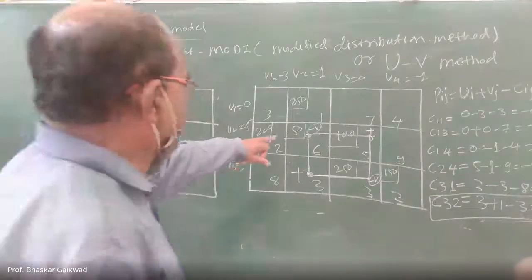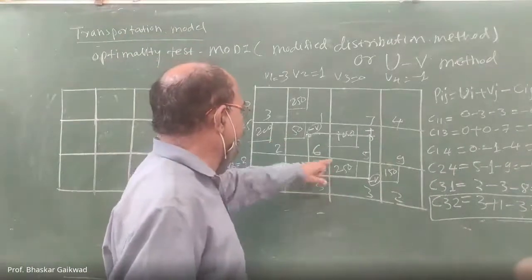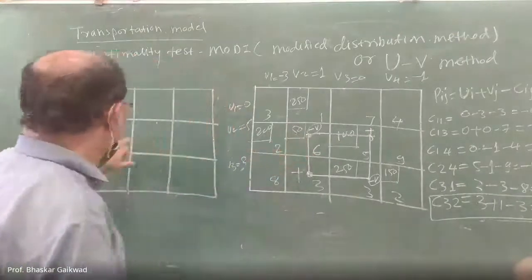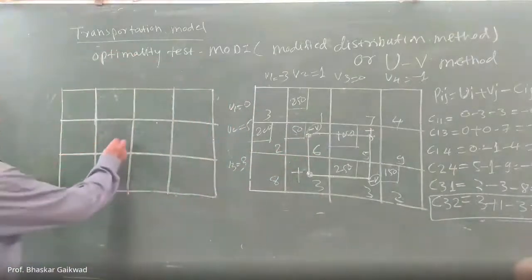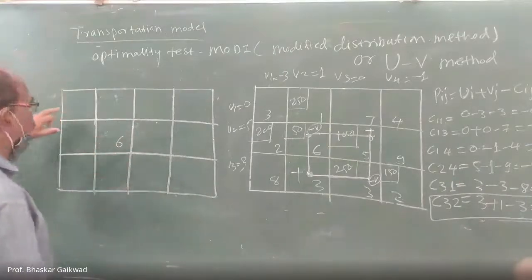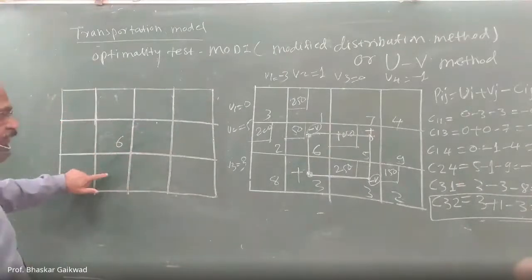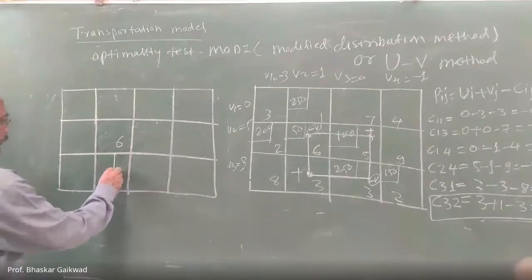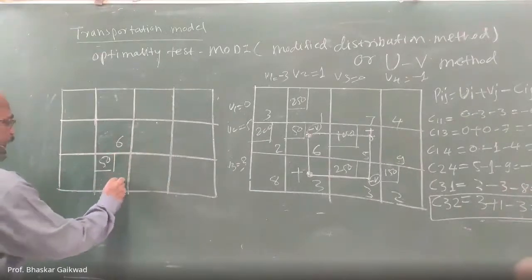So here minus 50, we can keep this in this row, it will be level 6. Here, in this column, it should be 50, or 3.